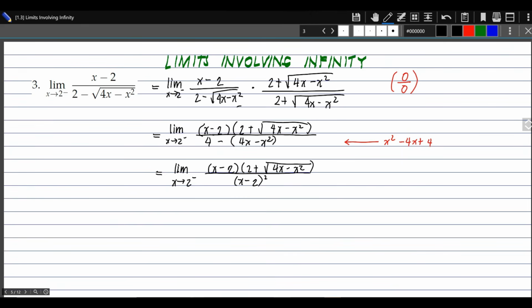The numerator and denominator have a common factor of x minus 2, so this can cancel. So that we have the limit of 2 plus square root of 4x minus x squared all over x minus 2. We can cancel this because we know that x only approaches 2 and is not equal to 2.